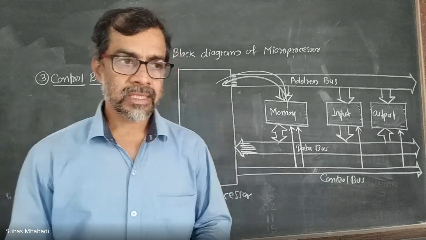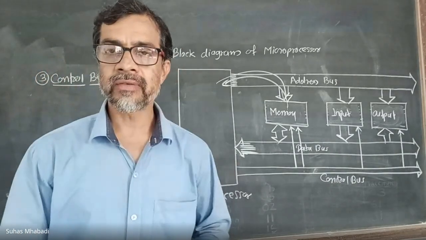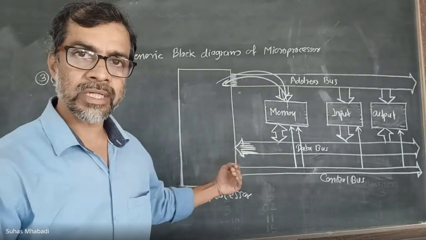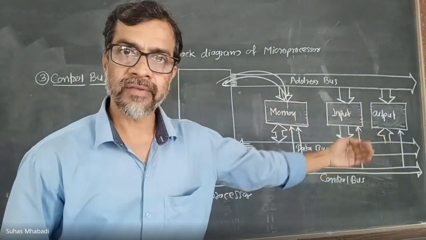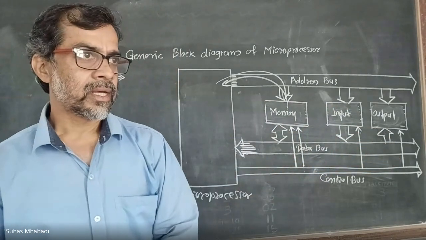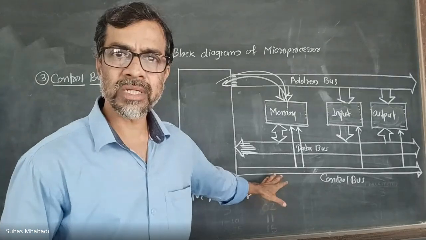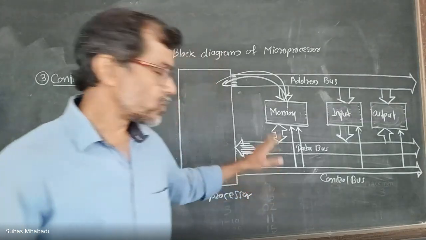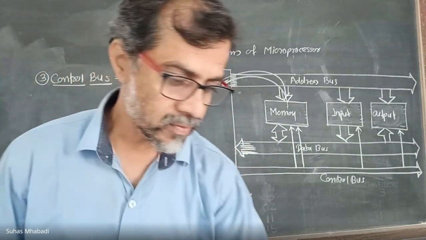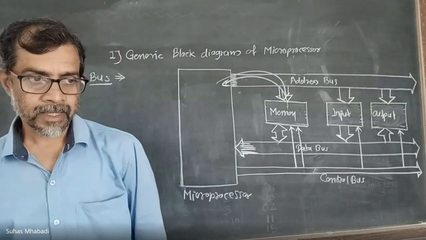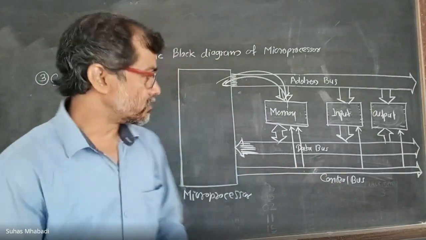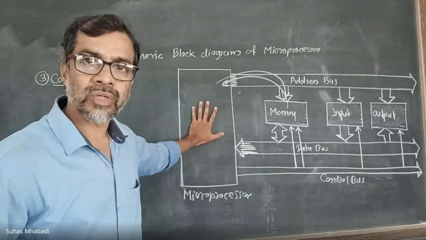Then the data bus is a bunch of lines which carries data from processor to peripheral device and from peripheral device to processor. And the third bus is the control bus. The control bus is used to offer a specific timing for every communication. Now this processor requires to communicate.